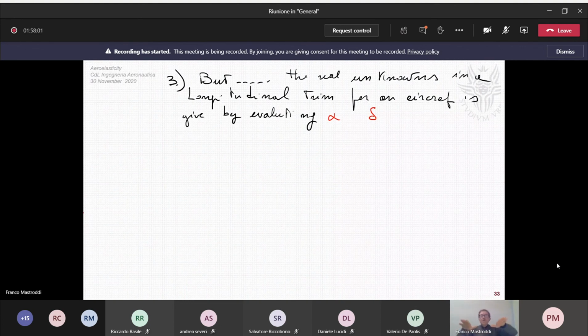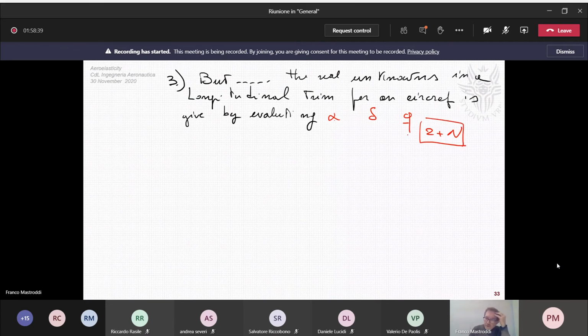Because we have to trim also the pitching degree of freedom of your aircraft. And this is the essential role of the wing tail. So the real problem gives you alpha, delta also, and finally in the elasticity, the set of Lagrangian variables. And so we have 2 plus n unknowns.